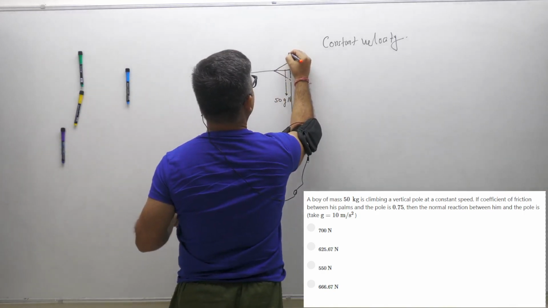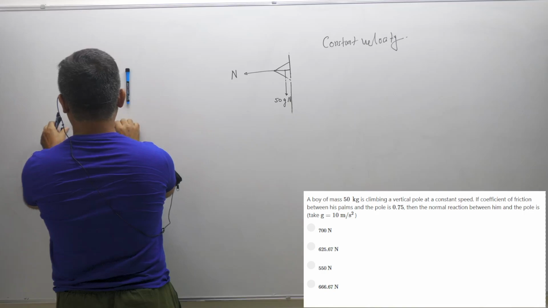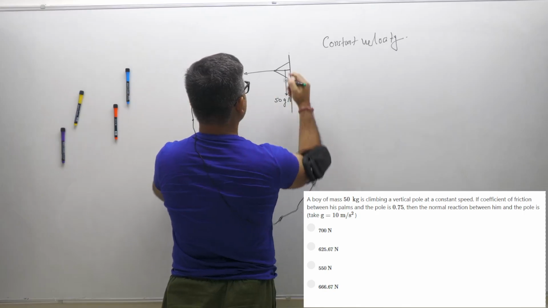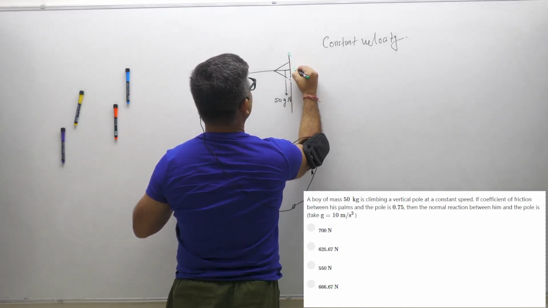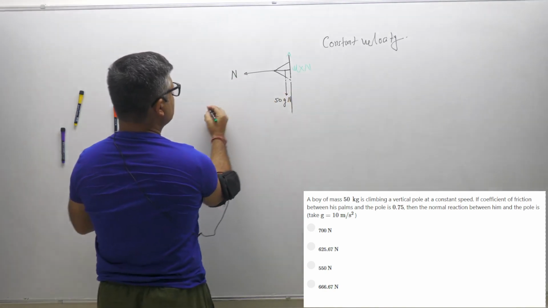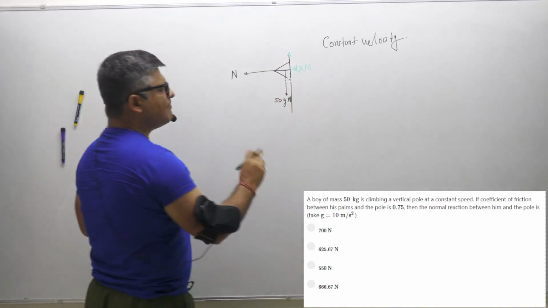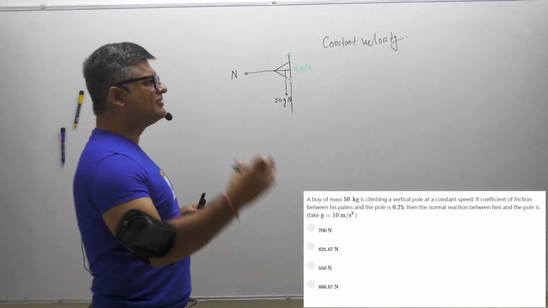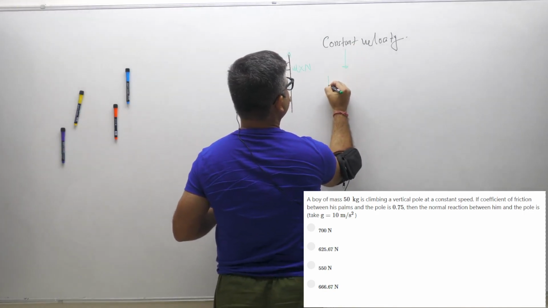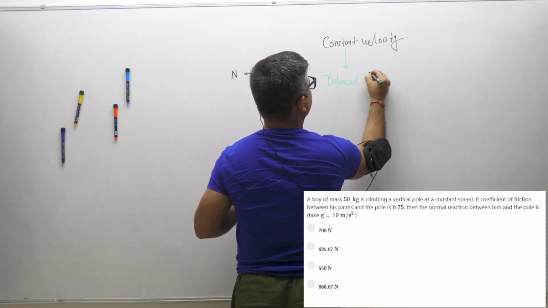So this is the frictional force which is acting on the boy, mu multiplied by N. You can see the normal reaction is here, the frictional force is upward, and the boy is climbing with a constant velocity. Constant velocity tells me that there are balanced forces.